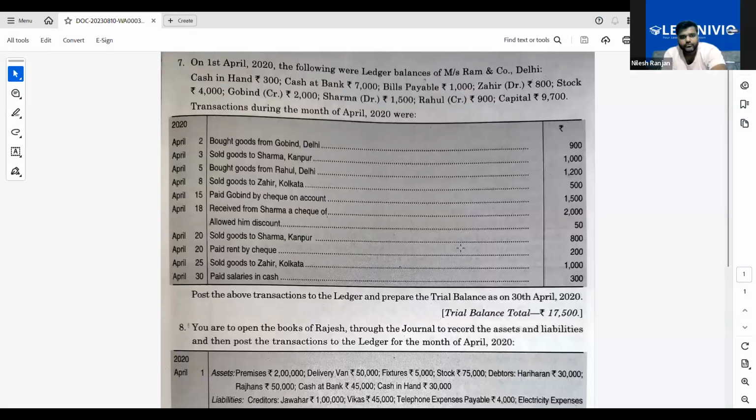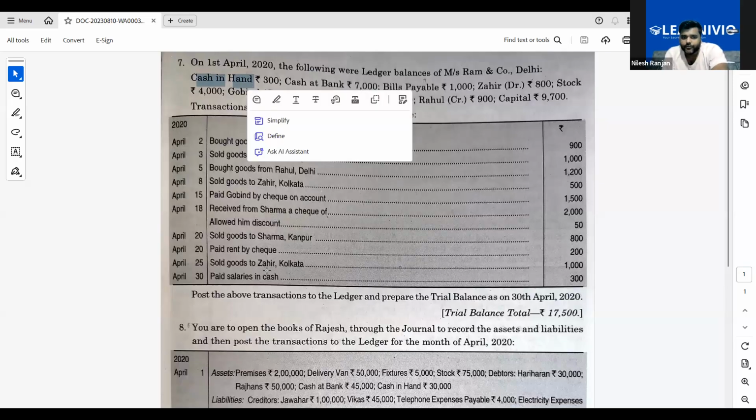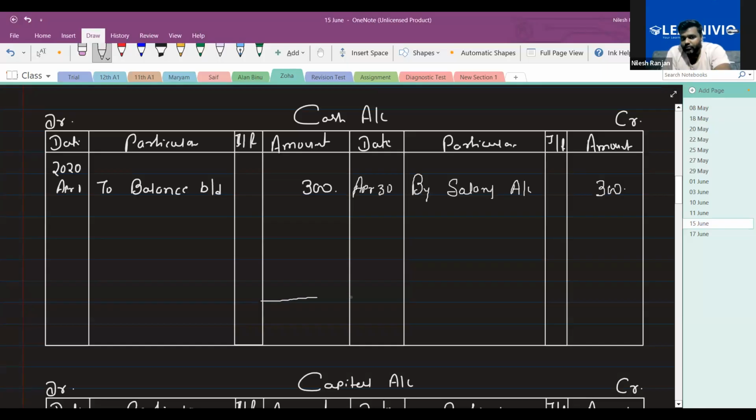Now, the balance of cash was only 300, and we have paid a salary in cash 300. All amounts paid or received are mainly through check, so all the entries are in the bank account. So for the cash book balance, you can see on both sides it is the same amount. The total will be the same, so there will be no balance, and the account will be closed.